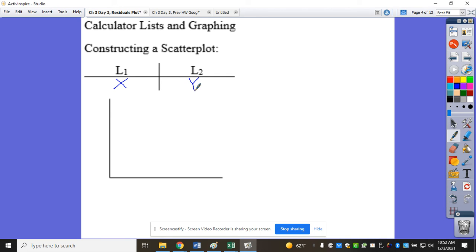So if I want the calculator to graph a scatter plot for me, I just tell it to graph which list versus which list. Don't overthink this. They're already in there, in that order. If I wanted the calculator to make a scatter plot, it's list 1 versus list 2.